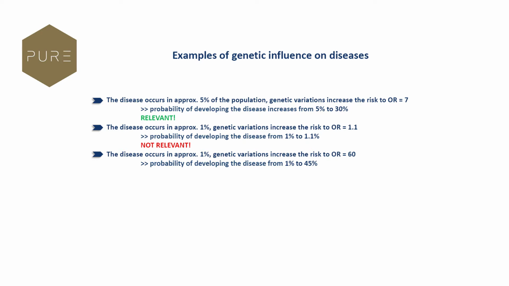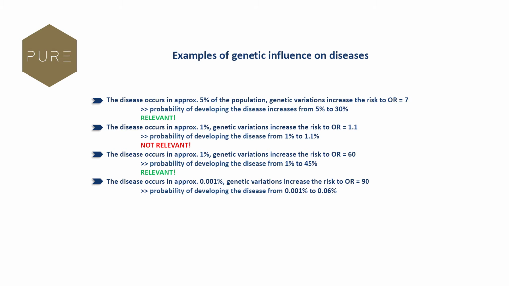And if there's prevention, it would be a good idea to follow it quite strictly to reduce your risk. So this is a relevant kind of genetic information. Next, the disease occurs in 0.001%, and the genetic variation increases the risk to odds ratio 90. Again, from 0.01 to 0.06, it's not relevant.